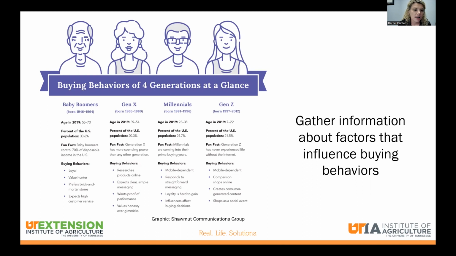When we're looking at Gen X, they want proof of performance. So they want to hear that your flowers are going to last 2 weeks on their kitchen counter. And then once it happens, then they're more willing to come back and purchase again.